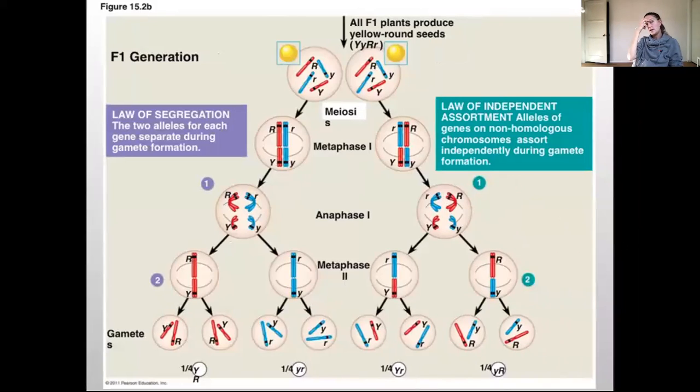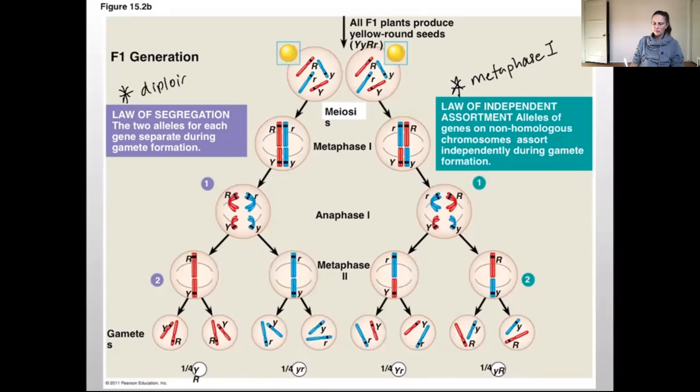So he had 2 big laws. The first, or it doesn't matter the order, but one we've already talked about, is the law of independent assortment, where alleles, remember, independent assortment occurs in metaphase 1, where homologous chromosomes can line up in any way, right? And then the second one is the law of segregation, where alleles get separated during meiosis.